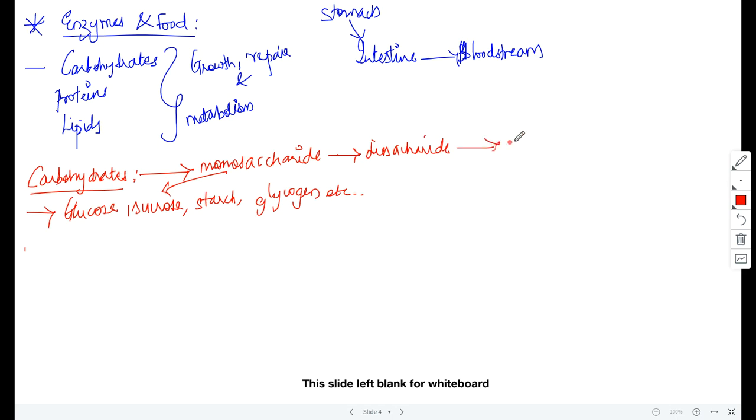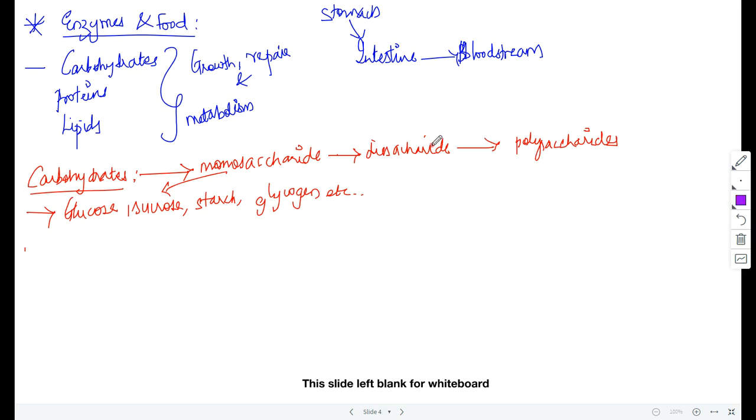When many disaccharides and monosaccharides are joined together, we have the polysaccharide.